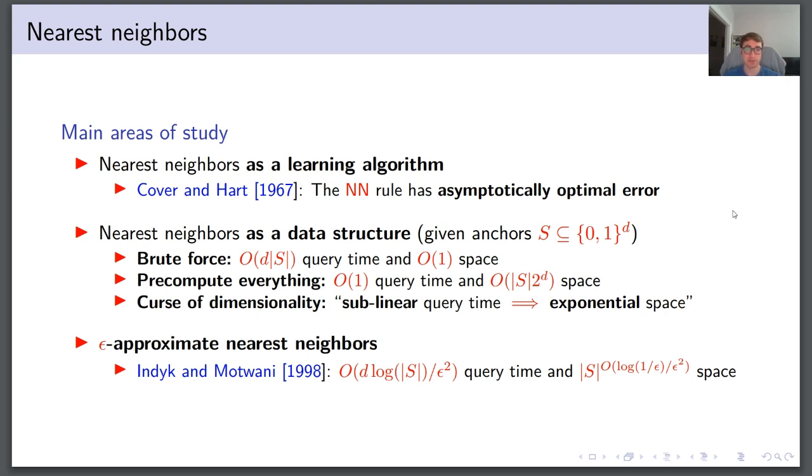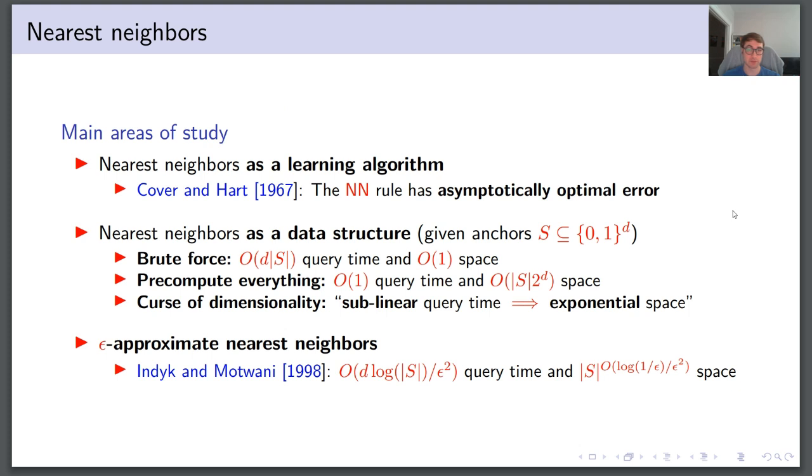Another interesting question is about efficient implementations of nearest neighbors. So we have the data structure problem here, which, given a set of Boolean anchors, how best can we load them into a data structure which enjoys both a fast query time and reasonable space usage?